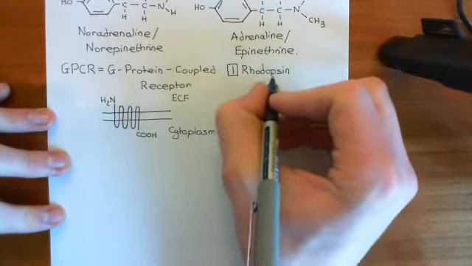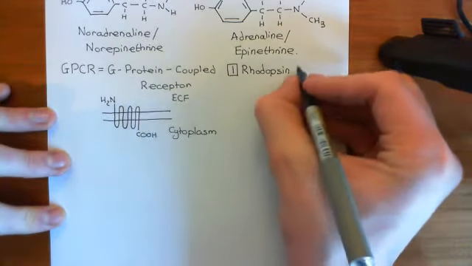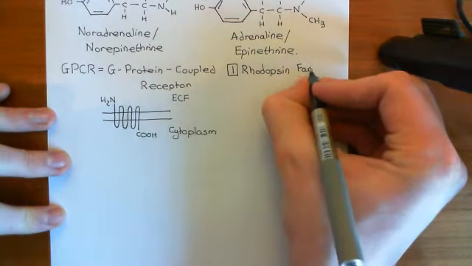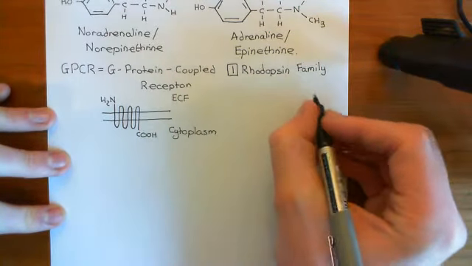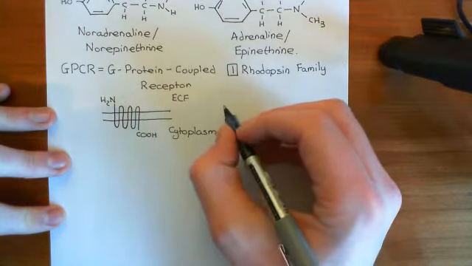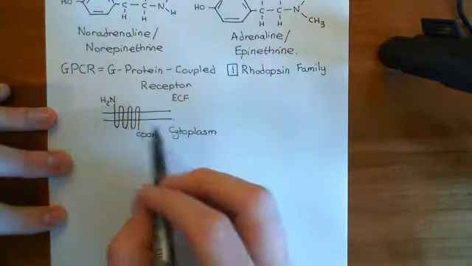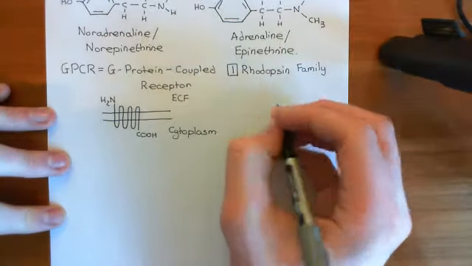Basically, it's a receptor that responds to light. Okay, so this is the rhodopsin family of GPCRs. Basically, this is easily the biggest family of the 5 families. It contains around 750 of the 800 members of the total G protein coupled receptor family. Okay, so it's easily the biggest.